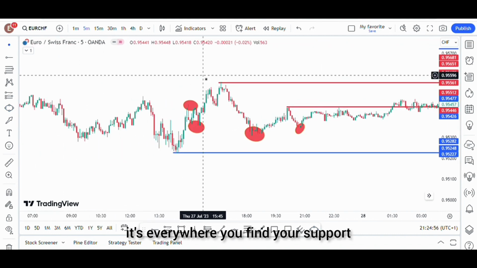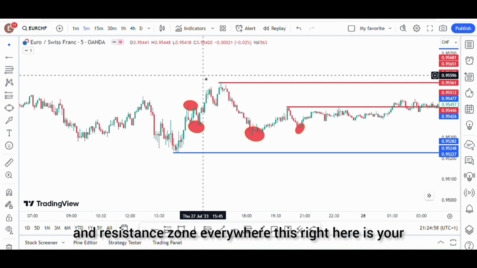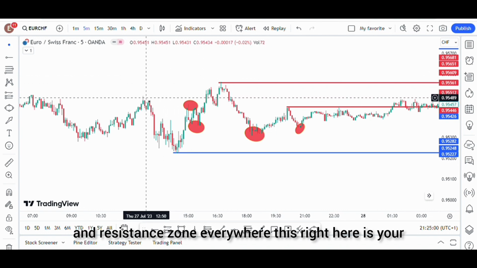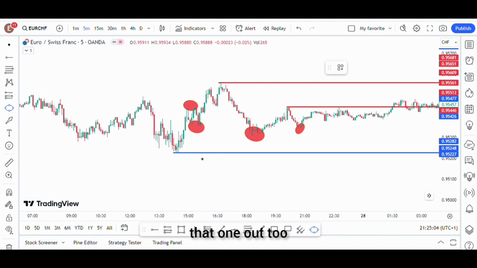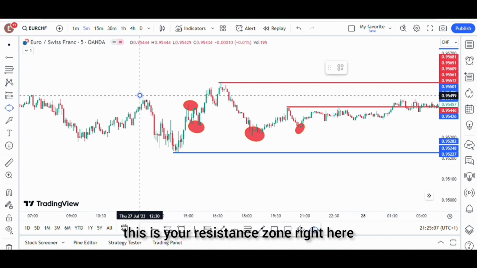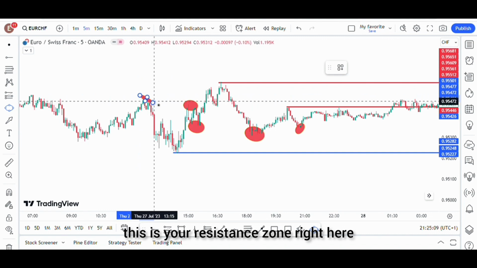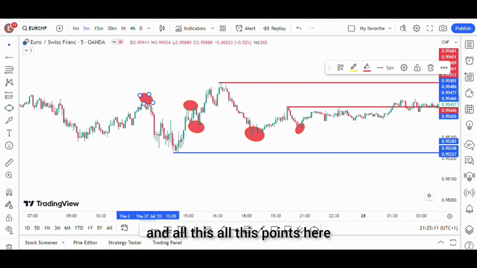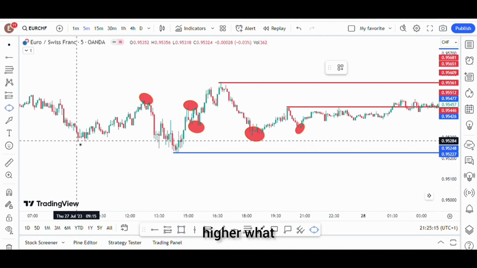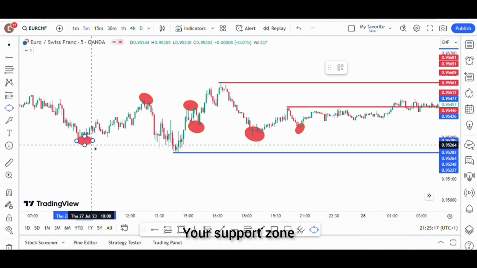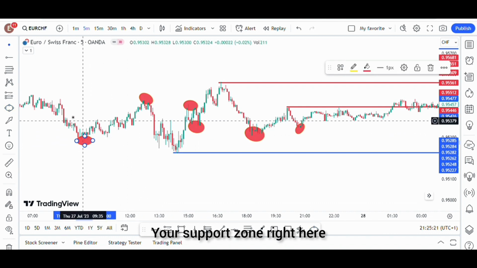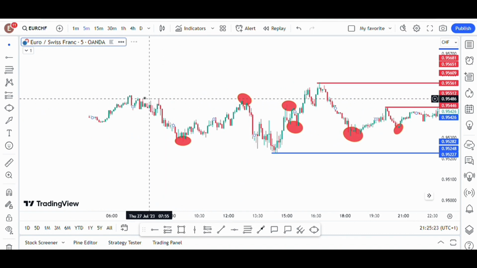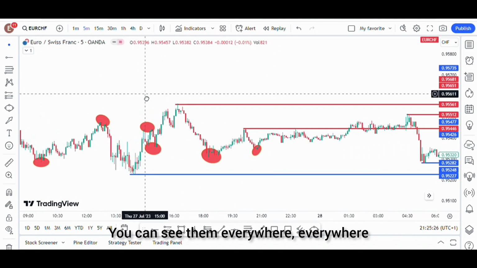You find your support and resistance zone everywhere. This right here is your resistance zone. I'll pick that one out too. This is your resistance zone right here, and all these points here are your support zone. You can see them everywhere.